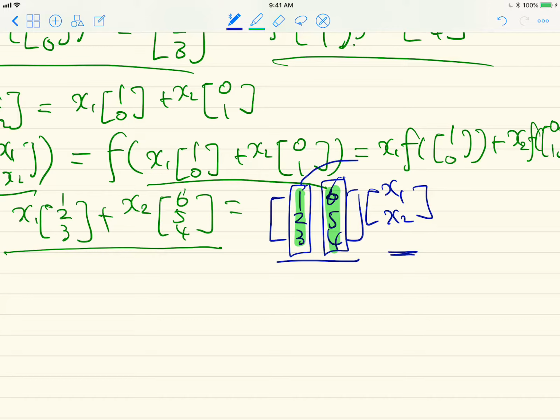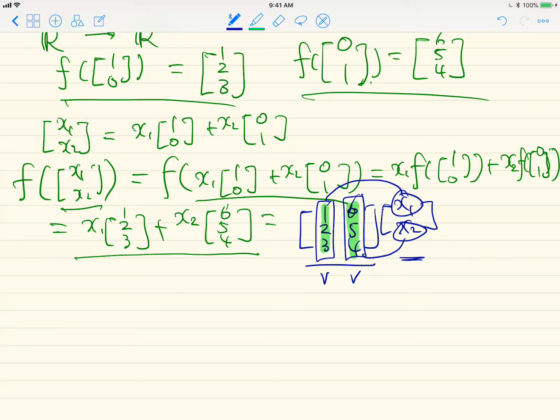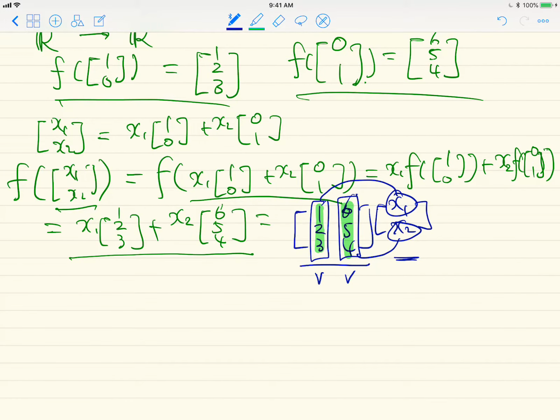In this case, x1 and x2 work as the linear combination coefficients assigned to each of the columns contained in our matrix. So this is still a full definition, but at the same time we can represent it as a matrix-vector multiplication.